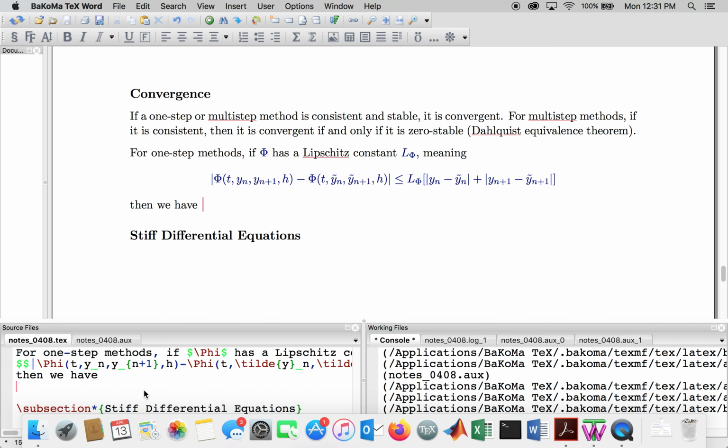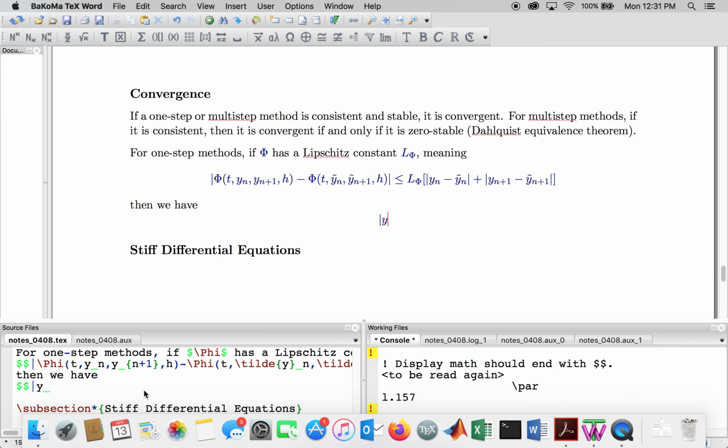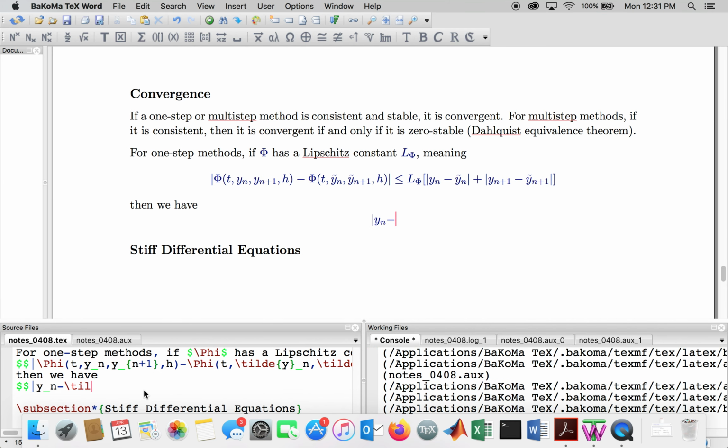Then y_n minus tilde y_n is less than or equal to the difference in the initial data times, oh, okay.